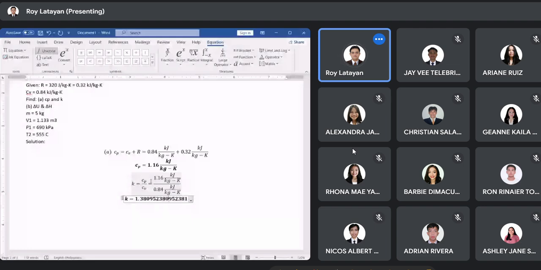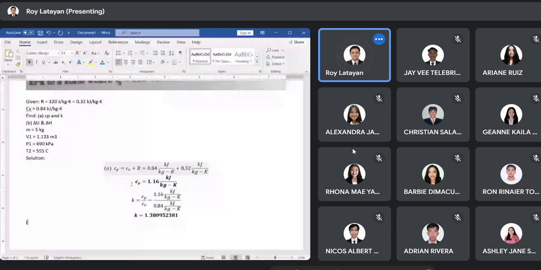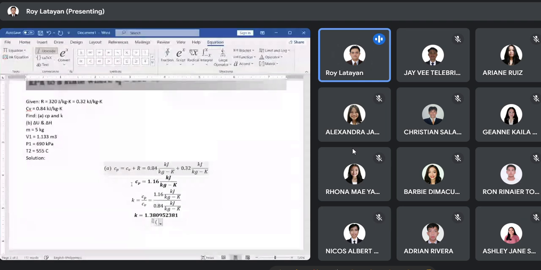So, punta na tayo sa B. Titingnan mo muna kung ano yung hinahanap, delta U and delta H. Tapos, isulat mo yung formula. Tapos, tingnan mo kung meron ka nung mga values na yun.